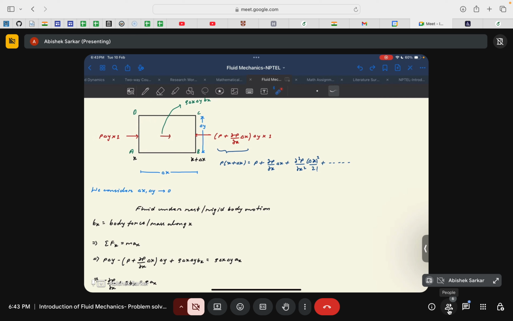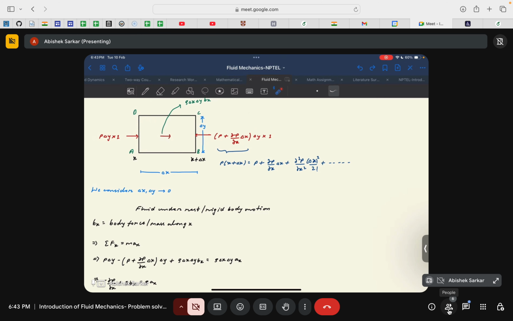I think I'm speaking new terminology here: dou will represent partial derivatives, and if there's a complete derivative, I will say dP by dx. That's the difference I want you to acknowledge. So when I say dou, it means the partial derivative with respect to x. So dou P by dou x times delta x times delta y times 1.